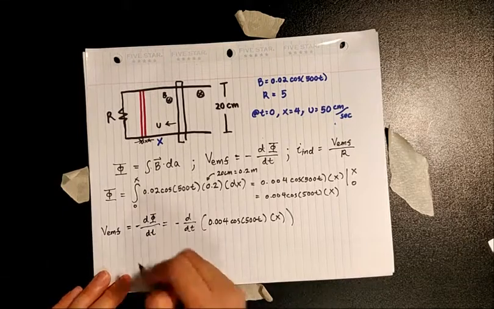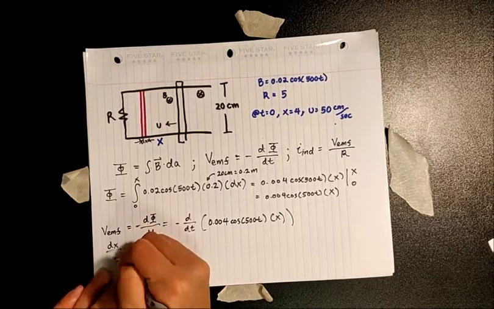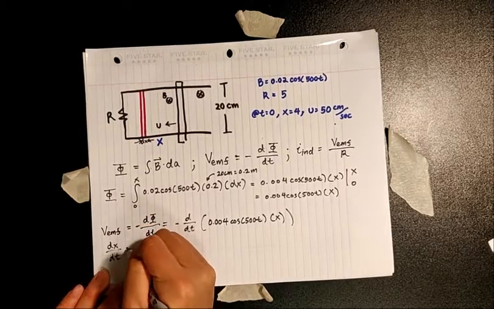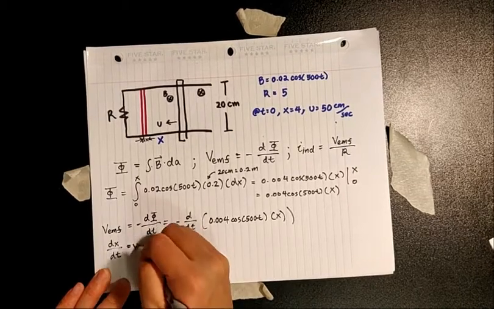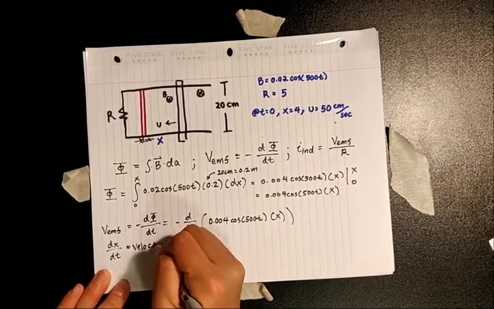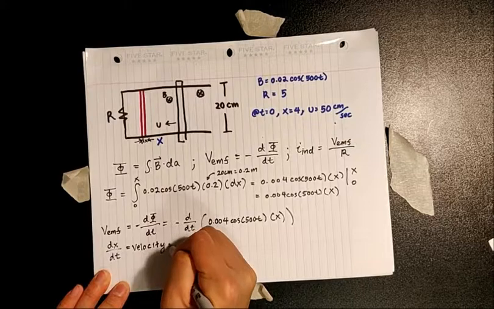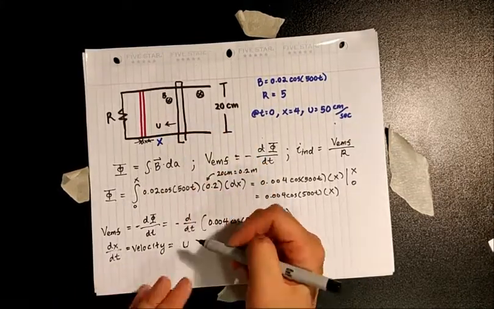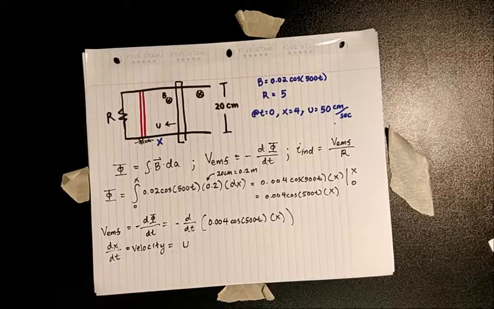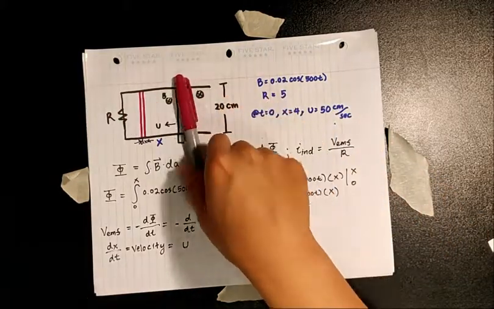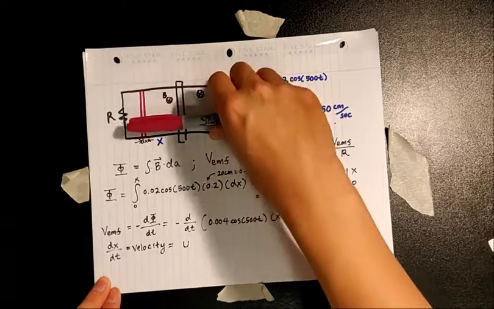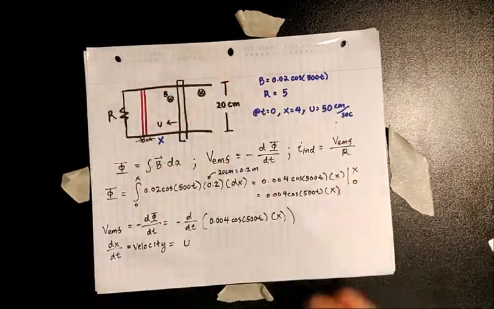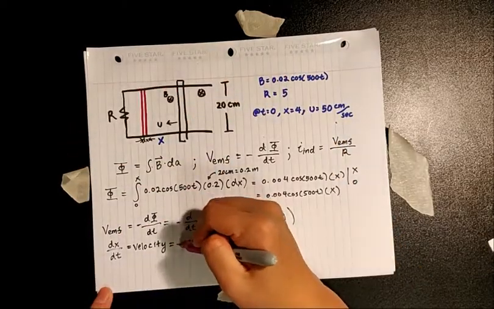So remember the good old physics days, dx dt is just equal to velocity, and in this case, our velocity is u. But our u is going in the negative x direction, because we integrate from 0 to x, and it goes from x to 0. So in this case, it's negative u.